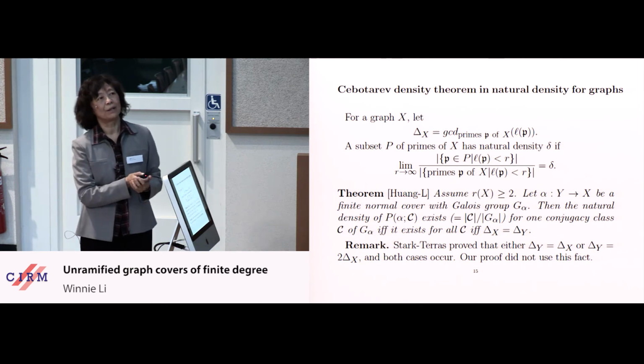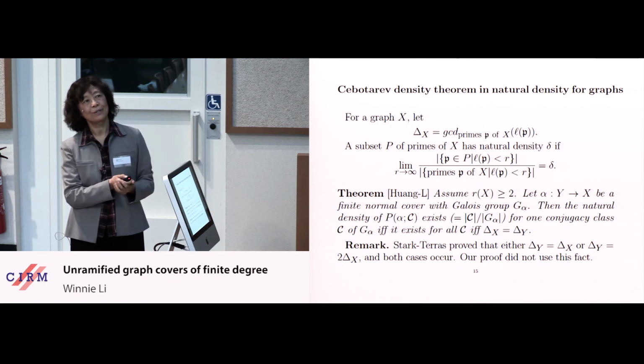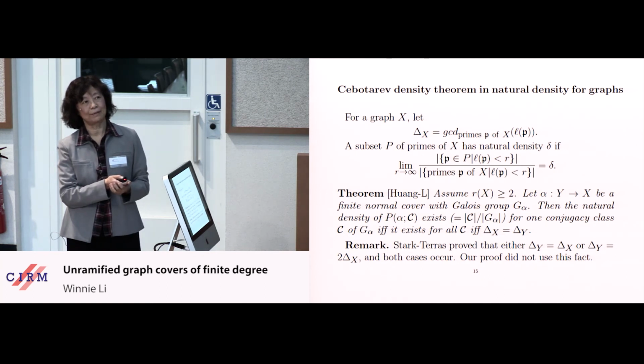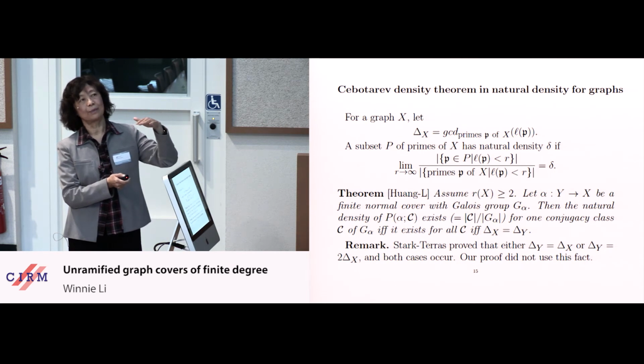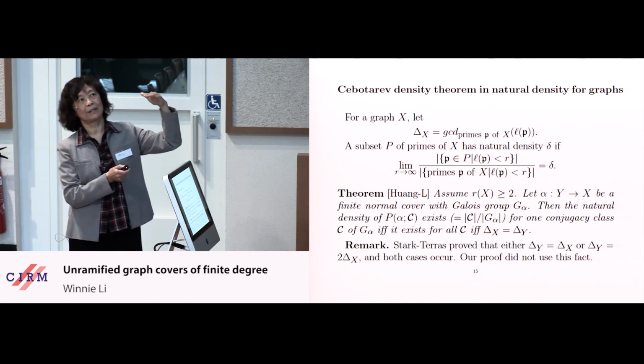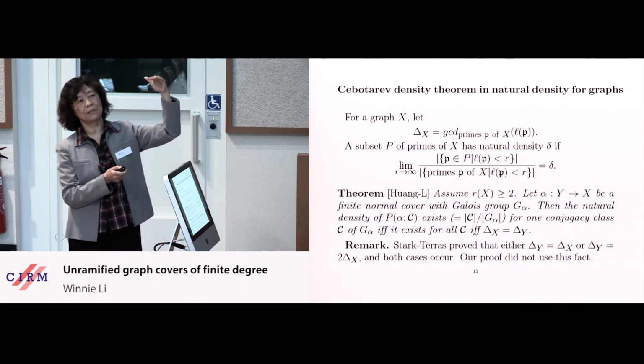The Chebotarev density theorem will hold for the natural density for one conjugacy class if and only if it holds for all the conjugacy classes, and if and only if there's an equality. You look at the GCD of the lengths of the primes downstairs and compare that to the GCD of the lengths of primes upstairs.